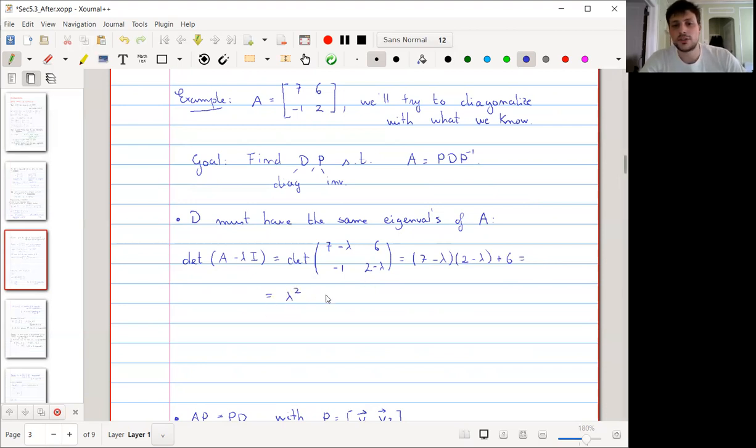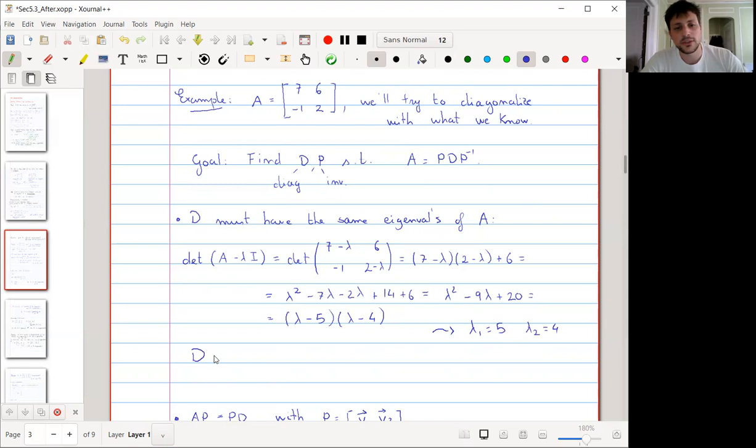We get lambda squared minus 7 lambda minus 2 lambda plus 14 plus 6. That's lambda squared minus 9 lambda plus 20. And this factors into lambda minus 5 times lambda minus 4. In other words, the eigenvalues of A are lambda 1 equals 5 and lambda 2 equals 4.